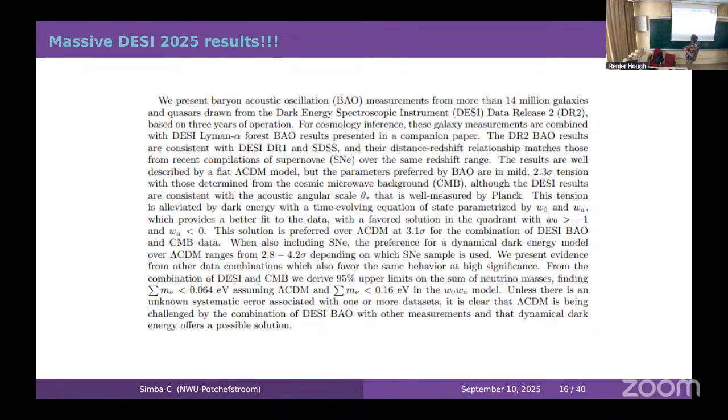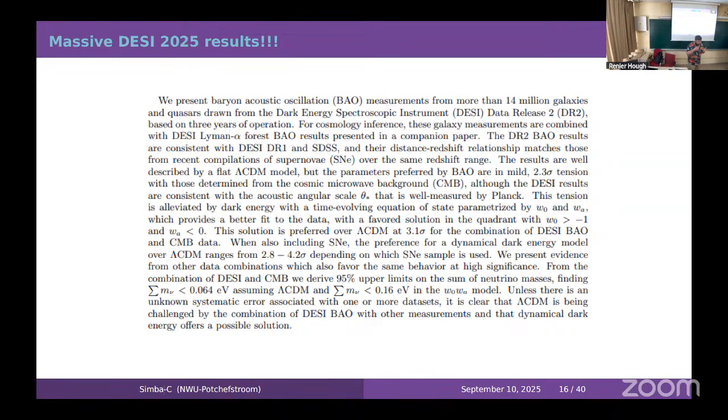then something happened earlier this year. They went and asked, what about the model maybe not being correct? Unless there are unknown systematic errors associated with one or more data sets, it's clear that Lambda CDM is being challenged by a combination of BAO and others, and that the dynamical.